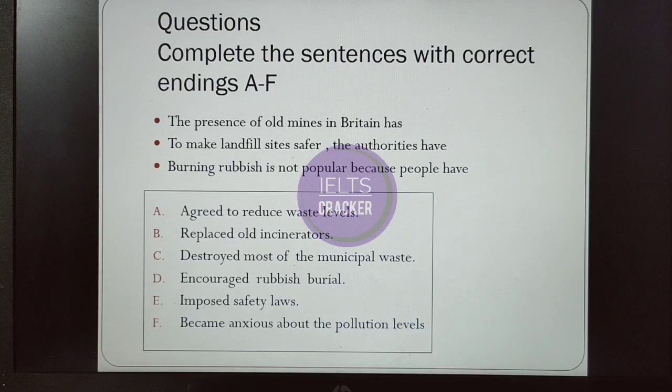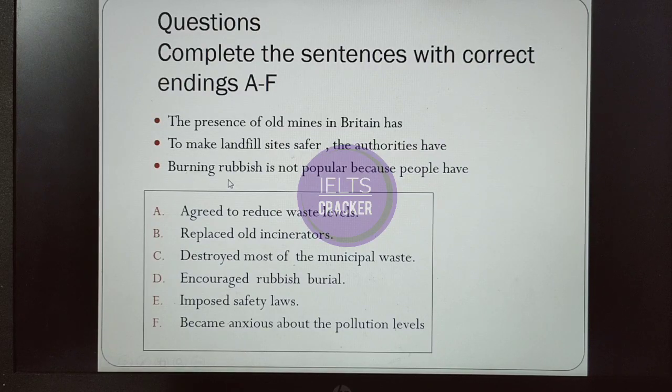So let's move to the questions first. That is because as per the strategy, I told you that we have to read the instructions. So what the instruction says, that is complete the sentences with correct endings A to F. So we are given 3 statements and we are given A to F options. Okay. So first of all, we'll have a look on the statements.